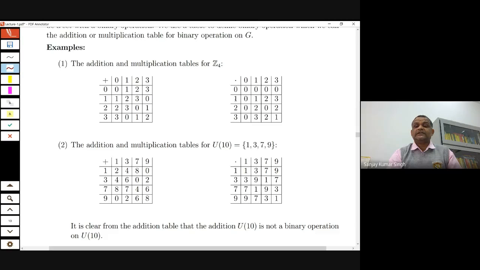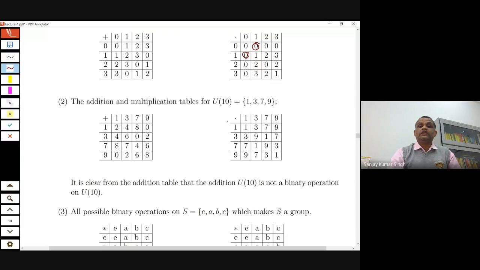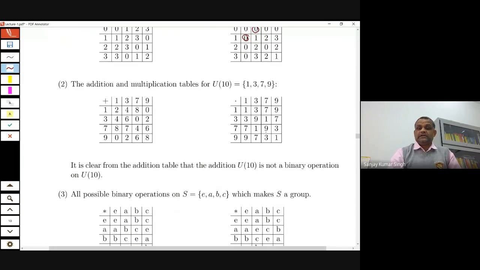If you consider 1 as the identity, you can check this case, this is fine, and this is also fine. But here you can see that this element has no inverse, this element has no inverse, and you can find many elements which have no inverse. So that's why this operation is not good on Z4, but it is good on U10.